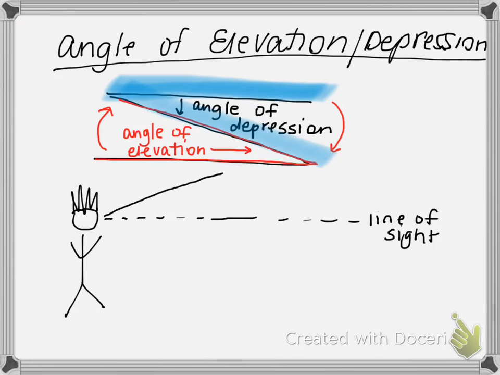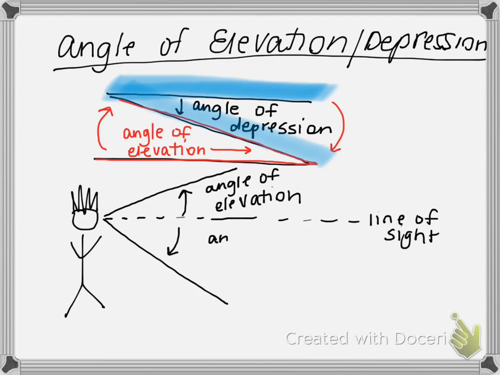From your line of sight going up is your angle of elevation. So if you have to move your head up to look up, this is your angle of elevation. If you're looking down from your line of sight, this is angle of depression. So you look straight ahead, and if you look up, this is your angle of elevation. If you look down, it's your angle of depression.